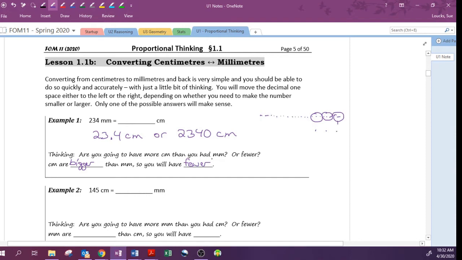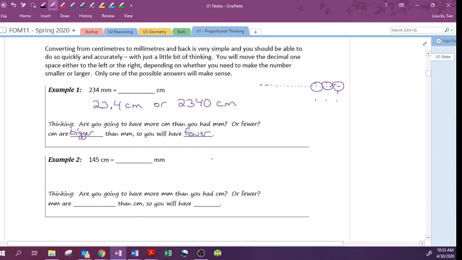Okay, let's do another example, converting from centimeters to millimeters. Same thing, my decimal is going to move one way or the other, so I'm going to have 14.5 millimeters, or I'm going to have 1,450 millimeters. Okay, am I going to have more millimeters than I had centimeters? Well, I'm doing the backwards of what I had there.